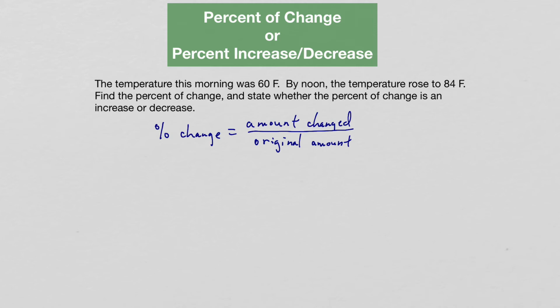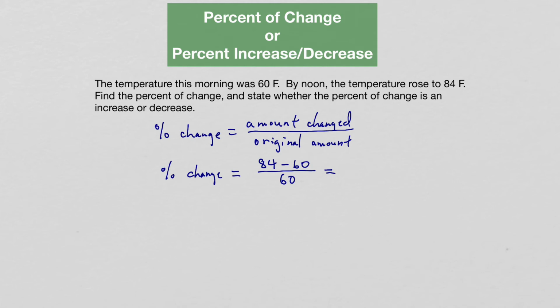So in this problem, our percent of change is equal to amount of change, and the amount of change was, it went from 60 to 84, so that amount of change is 84 minus 60. And the original amount, or in this case the original temperature, was 60, so we're going to put that in the denominator.